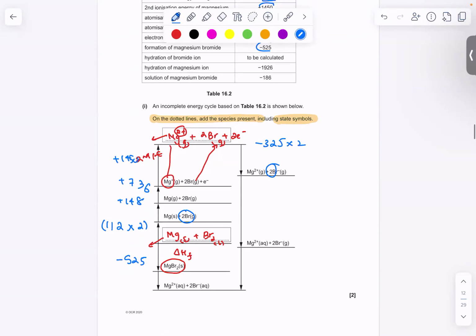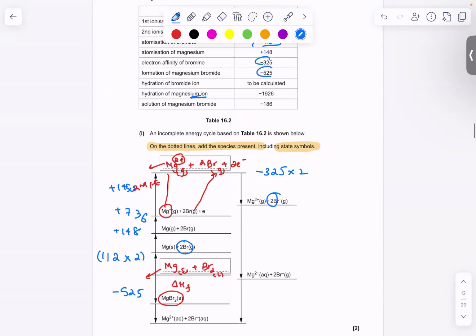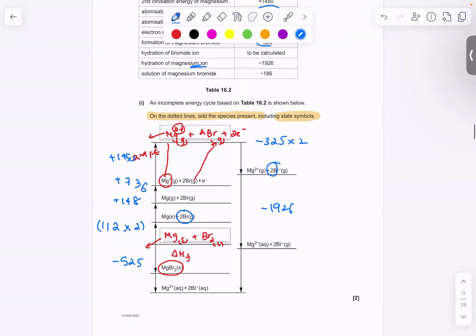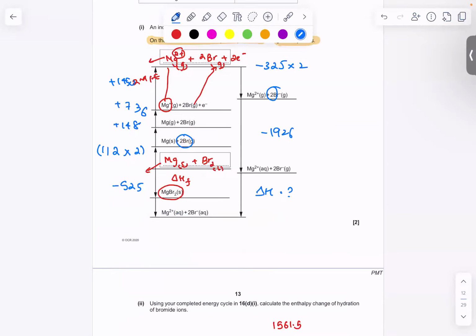And this would be magnesium ion minus 1926. And this would be magnesium bromide and delta H is equal to question mark. Okay. So now minus 1, 2, 9, 6.